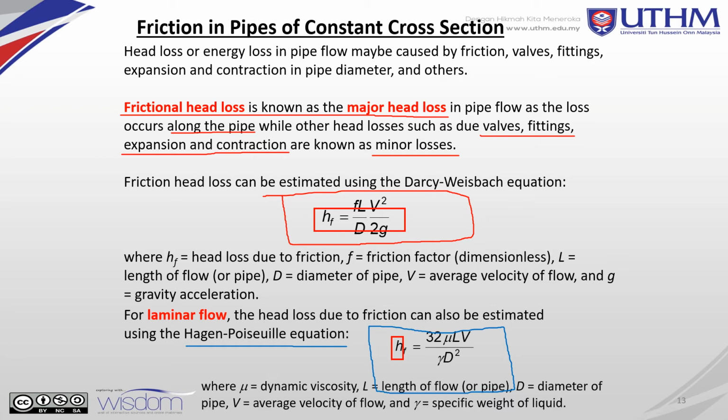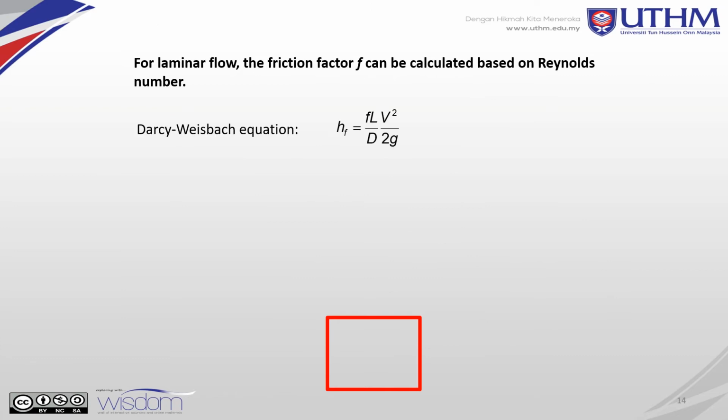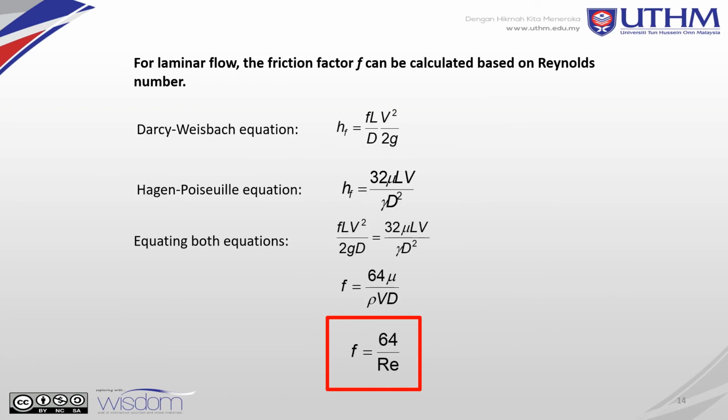Okay, for laminar flow, the friction factor F can be calculated based on Reynolds number.